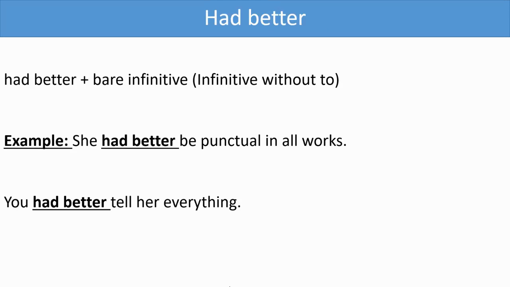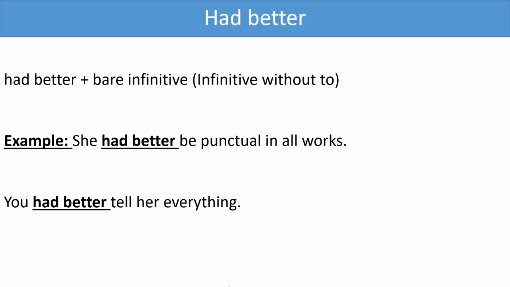Now move to had better. Had better plus bare infinitive. Bare infinitive কাকে বলে আমি তোমাদের আগেই বলেছি। Only the main verb is called the bare infinitive. Only the main verb. You have not to use to.